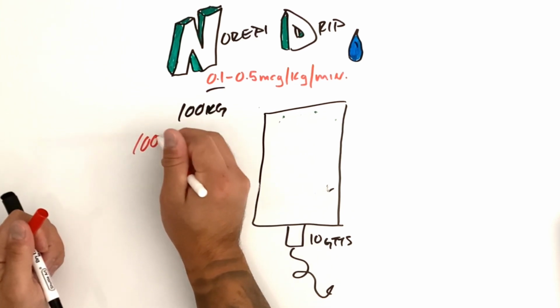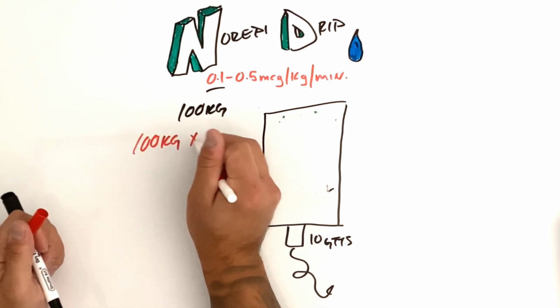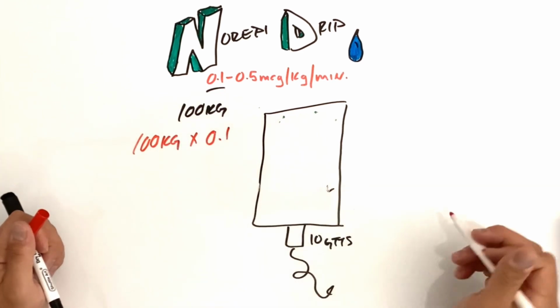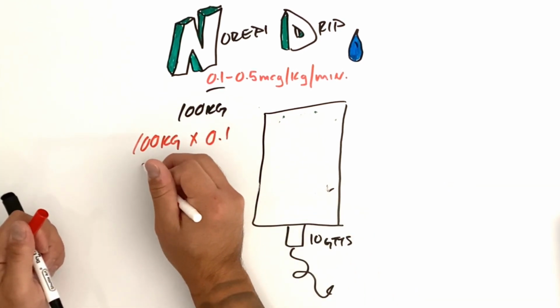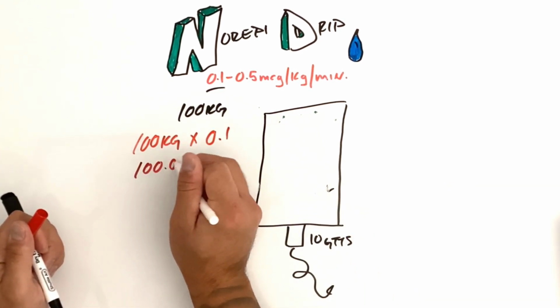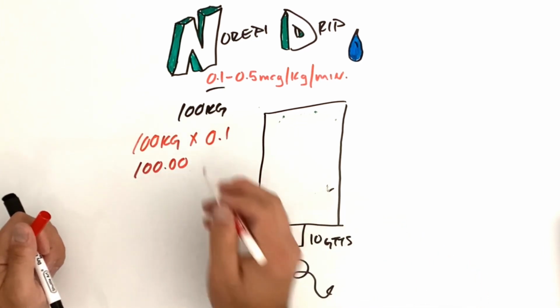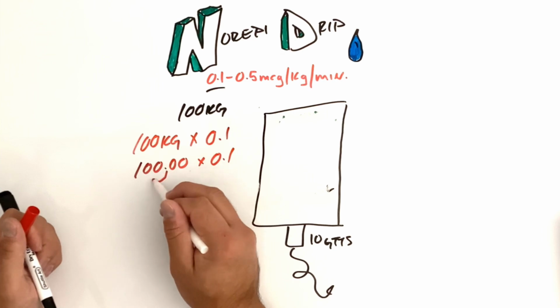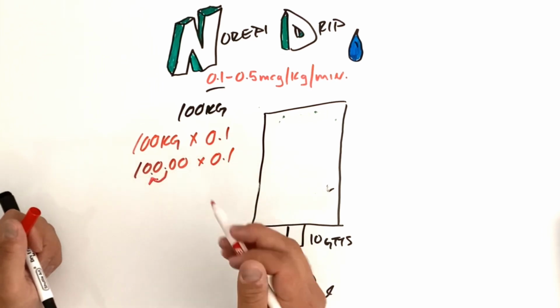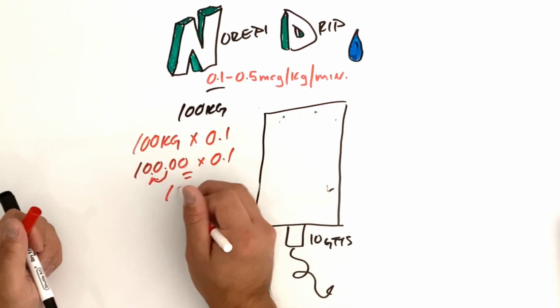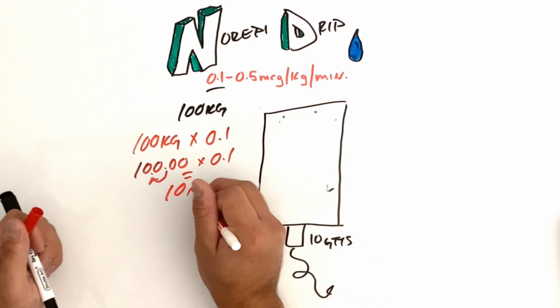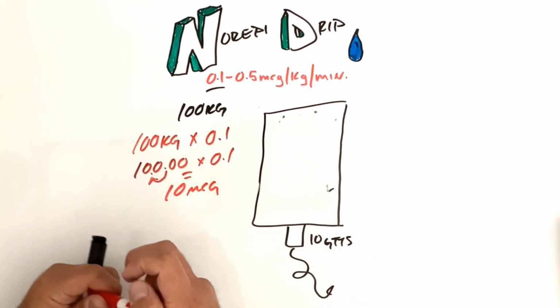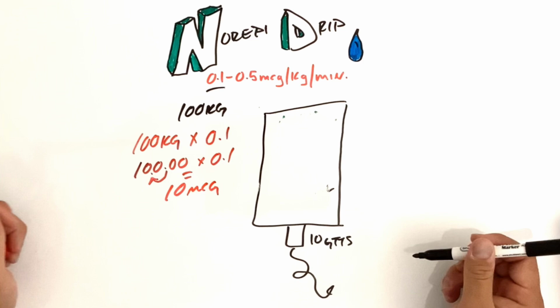So we're going to do 100 kilograms to start, and we're going to multiply that by 0.1. Now, you can either do it in a calculator, but we also know that 100 kilograms times 0.1, all we would have to do is move our decimal place over one spot because it's tenths, to equal 10. This is our micrograms that we're going to be starting per minute, 10 micrograms.